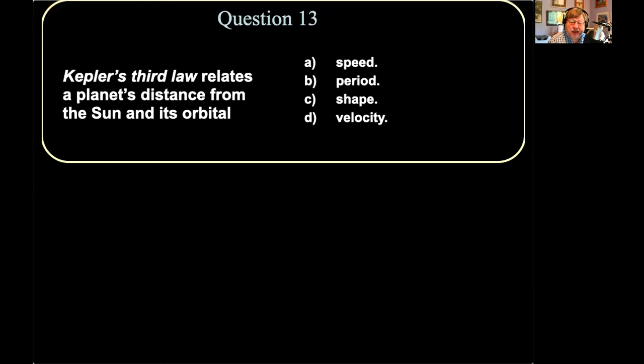And let's do this last question, and then we'll just open it up for questions. Kepler's third law relates a planet's distance from the sun and its orbital period. So Pluto has the most elliptical orbit, and Mercury is a close second.